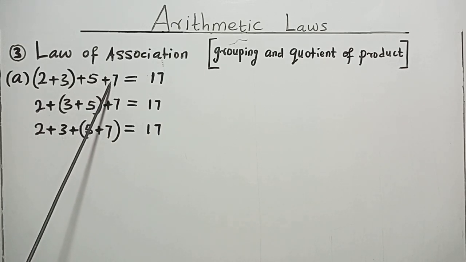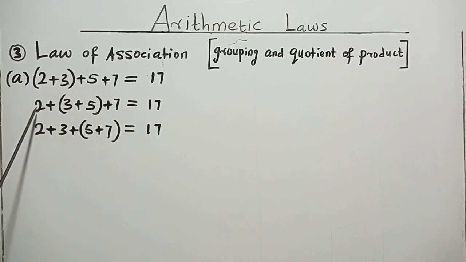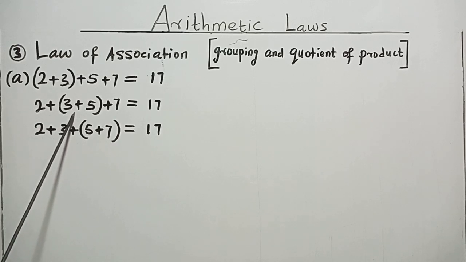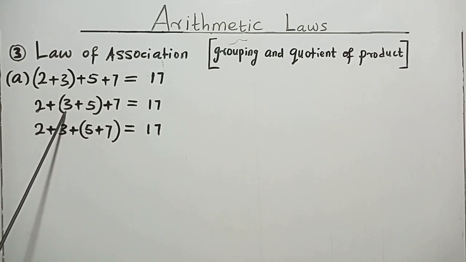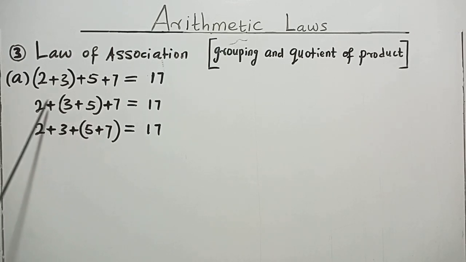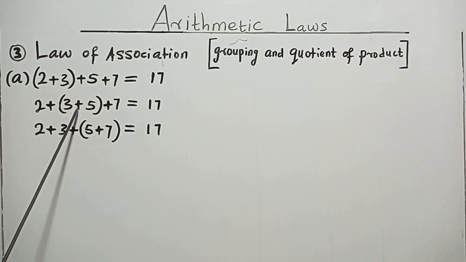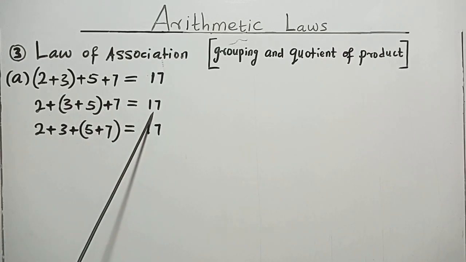That is 10 plus 7, that is 17. Next, it is as if this operation is 2 plus 8 plus 7. What is 8 coming from? From this bracket. 3 plus 5 is 8. So 2 plus 8 is 10. 10 plus 7 is 17.